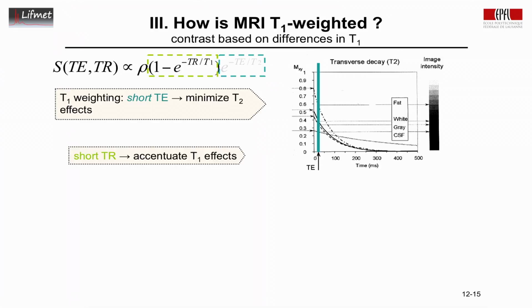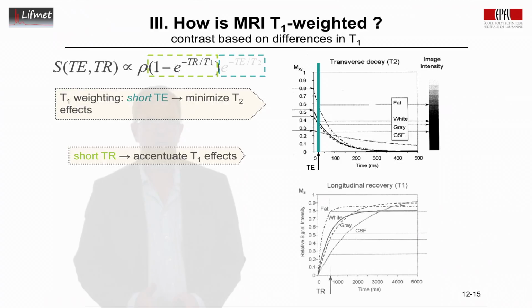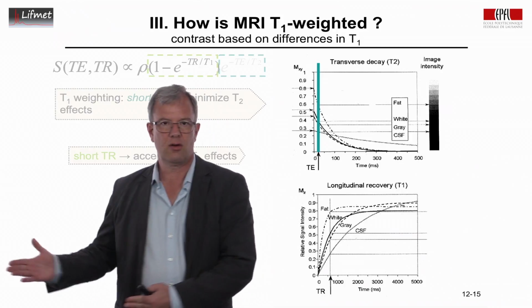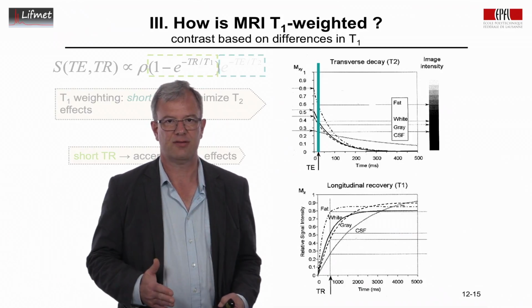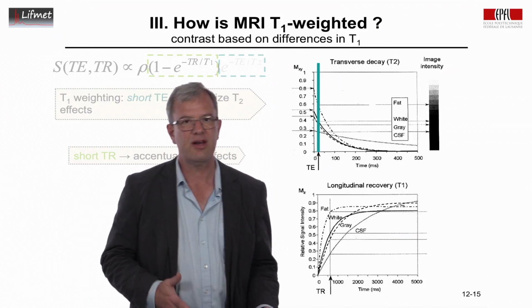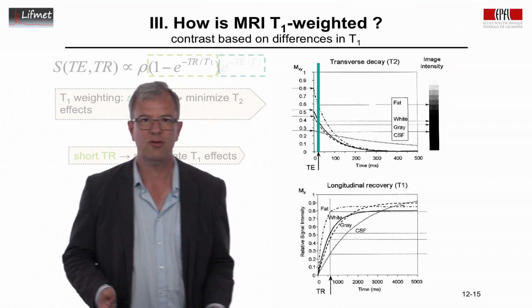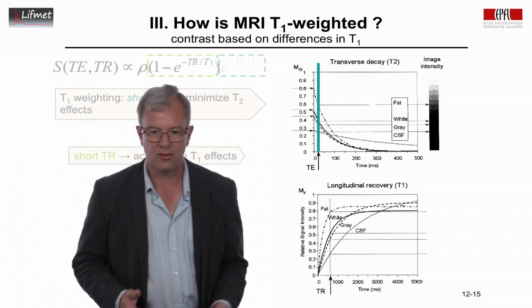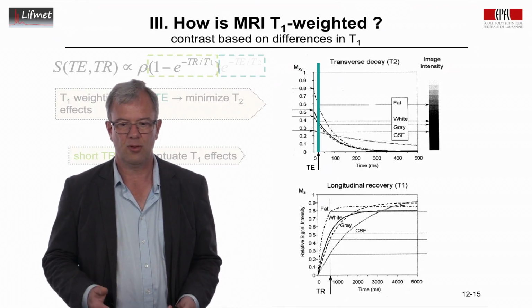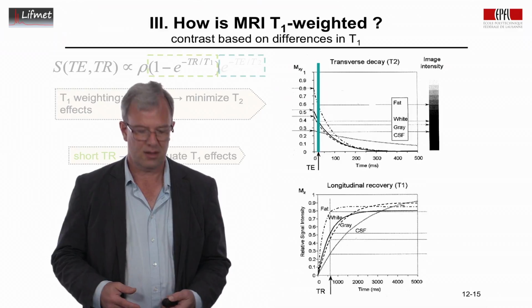To accentuate the T1 effects, one uses a relatively short TR. If we use a TR that's very long compared to T1, we won't have an effect of T1. If TR is very short compared to T1, and we're using 90-degree pulses, then we have no signal. So most likely there's also an optimum for the TR.